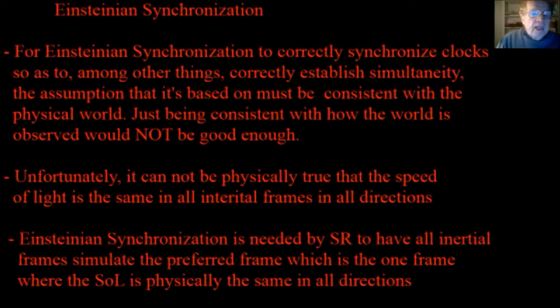Unfortunately, it cannot be physically true that the speed of light is physically the same in all inertial frames in all directions. But Einsteinian synchronization is needed by special relativity to have all inertial frames simulate the one preferred frame, which is the one frame where the speed of light is physically the same in all directions.